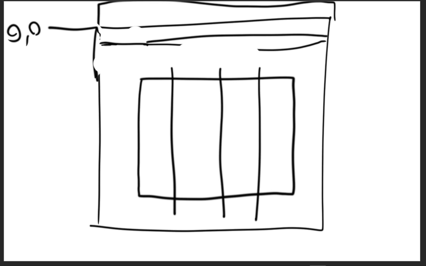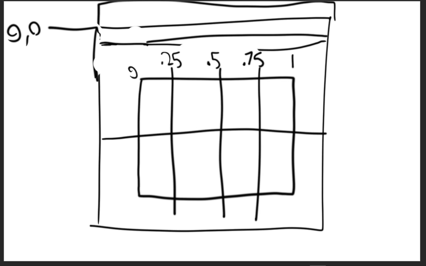So here's my box. I've split the box 4 times: 0, 0.25, 0.5, 0.75, and 1. And here on the y-axis, we just have 0.5 that we care about, and there's 1.